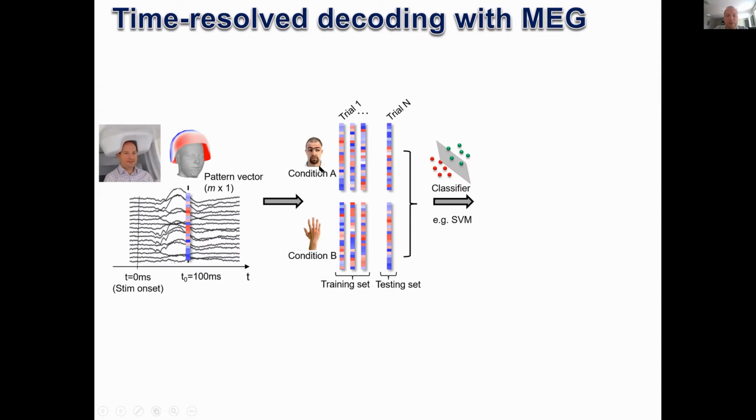We call it condition A, and several trials of condition B. And these pattern vectors are coming exactly in the same idea. So let's say they're all coming from 100 milliseconds from the onset of the stimulus, marked as time 0 here. So all of them correspond to 100 milliseconds from the onset of the corresponding image stimuli.